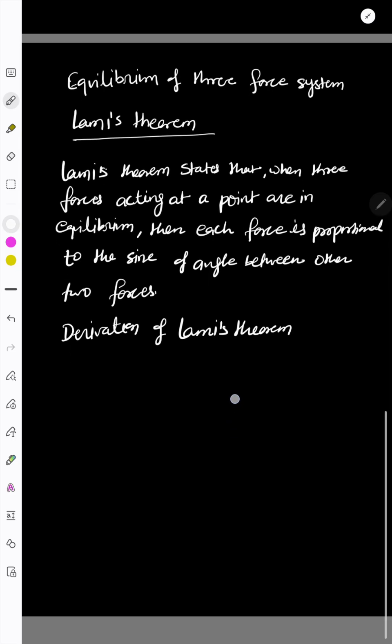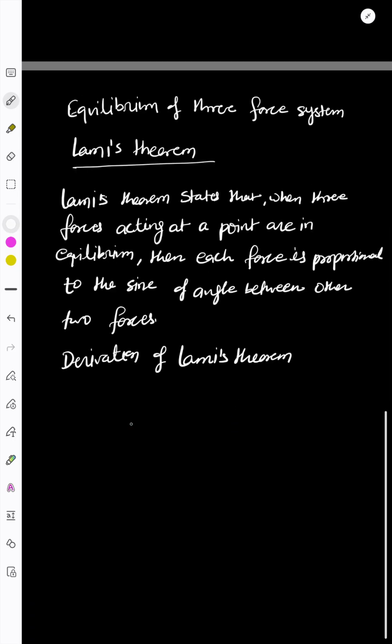Now the derivation. Here three forces are acting at a point, so these are coplanar and concurrent forces, passing through a single point.